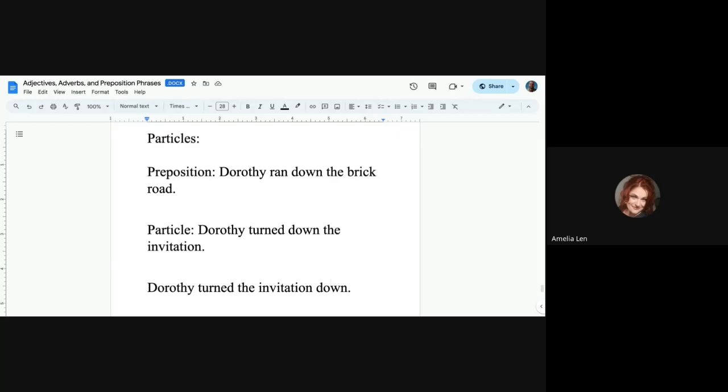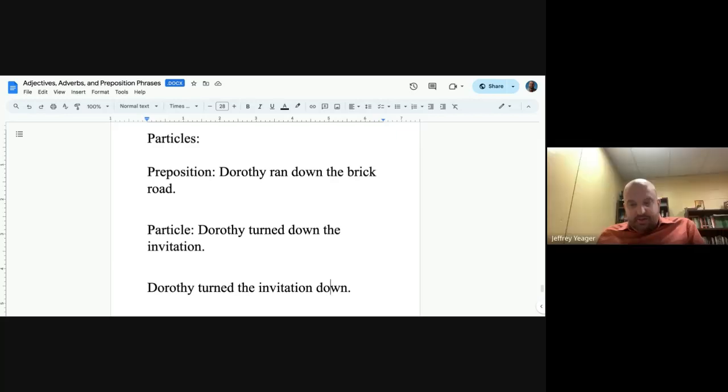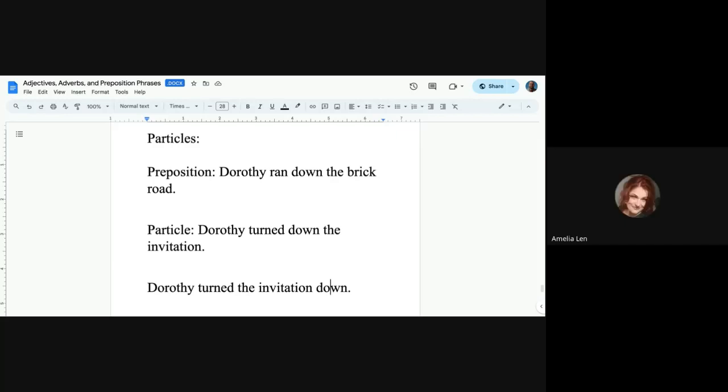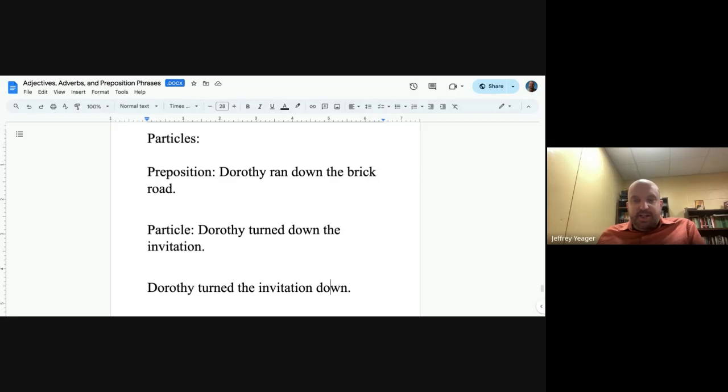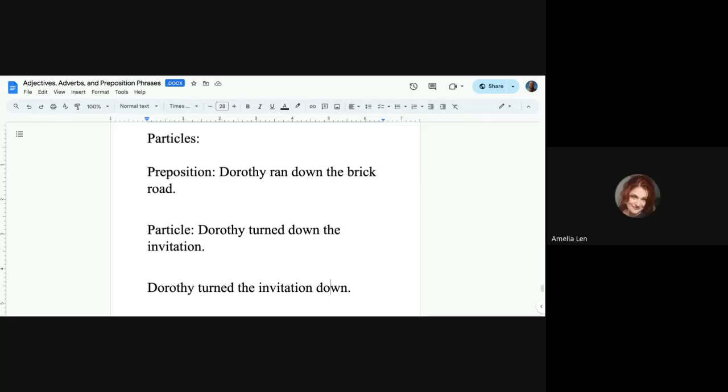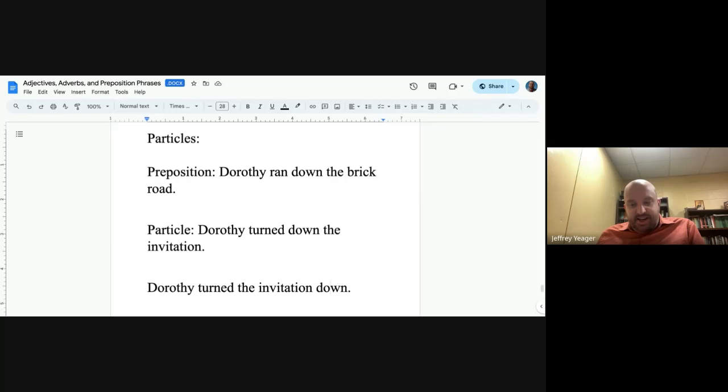He burned the house down. So that one's a particle. Turn in your assignment. That one's a particle as well, because you can say turn your assignment in. Right. Sit in your seat. That one's a prepositional phrase. Right. You can't say you sit your seat in.